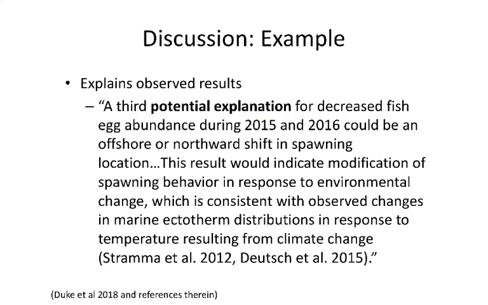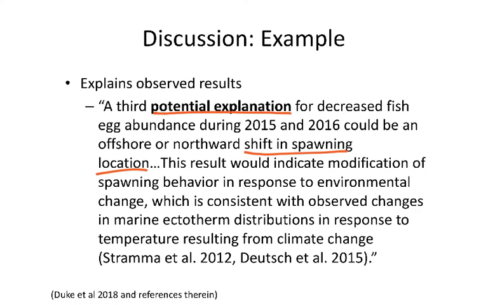And here's another example. The authors say a third potential explanation for the decreased abundance could be this. And here they're talking about a shift in spawning location. These shifts are actually happening pretty frequently throughout marine organism ranges, where as you have climate change and warmer water, the location of warmer waters is moving.